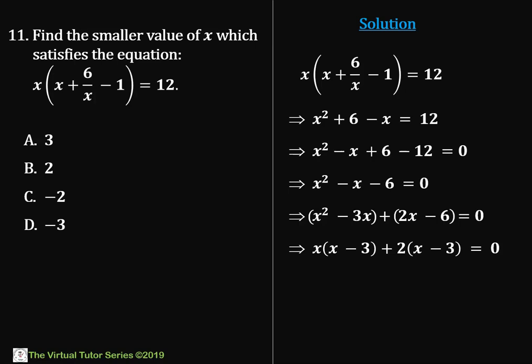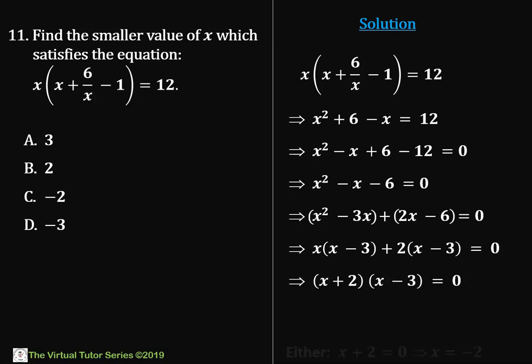Therefore, we can now write (x + 2)(x − 3) is equal to 0. If the product of two numbers is 0, then it implies that either of them can be 0.